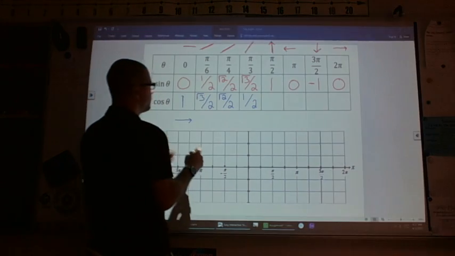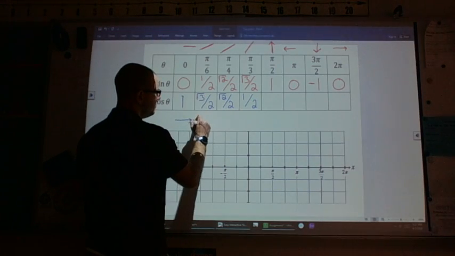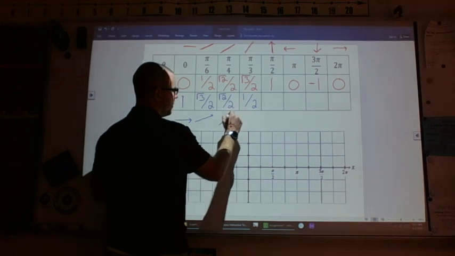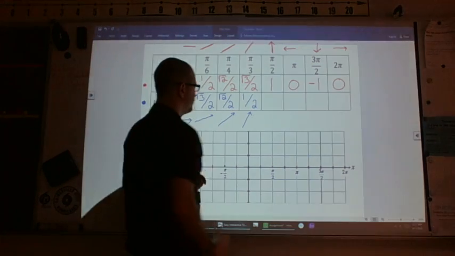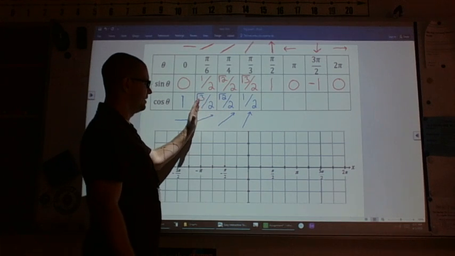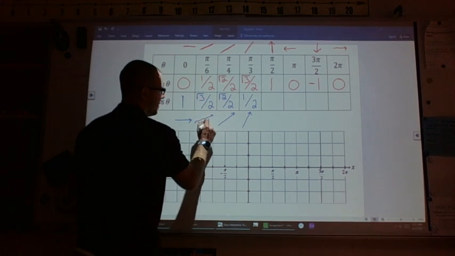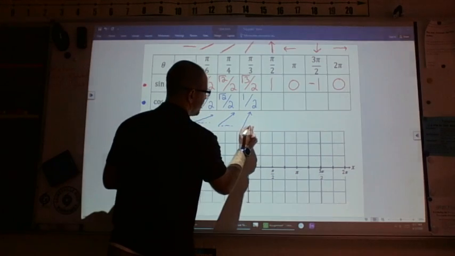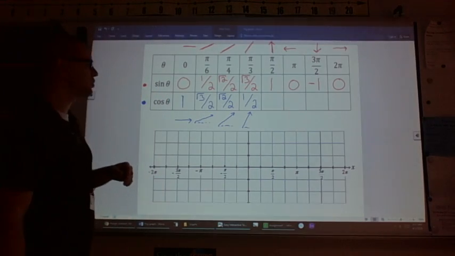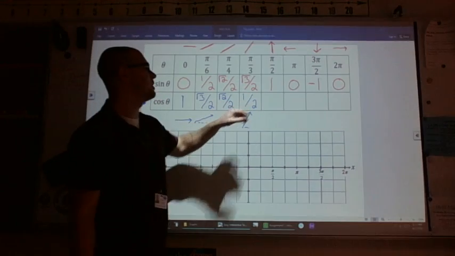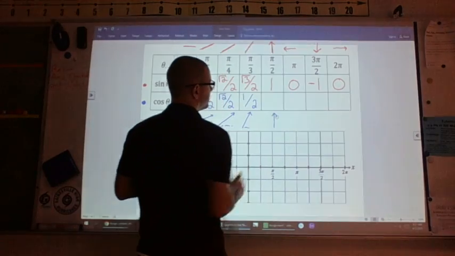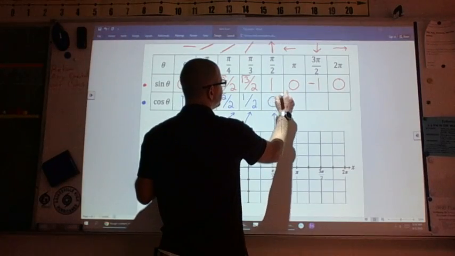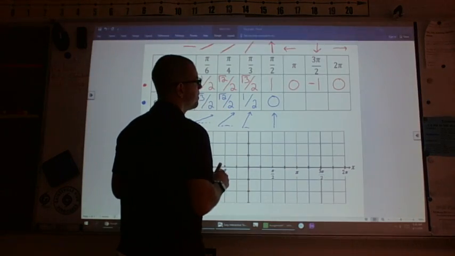And that's because as we are going around, the amount of horizontal in the angle is pulling back. That horizontal part is getting shorter and shorter as we go around. So we see the values decreasing until at pi over 2, which is a vertical angle, it is 0.